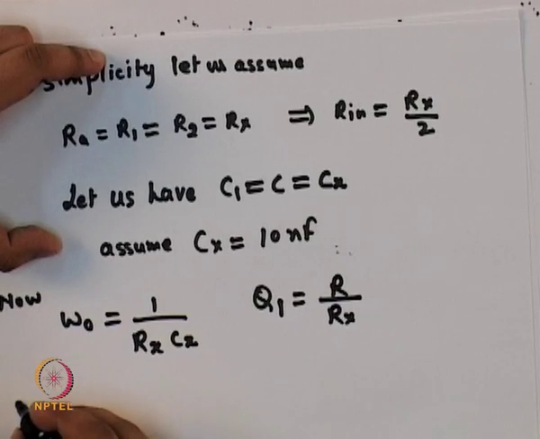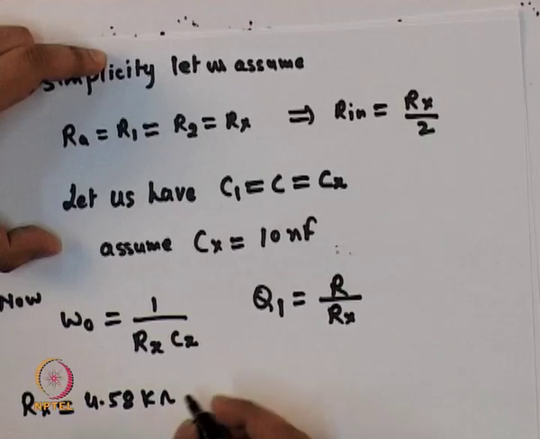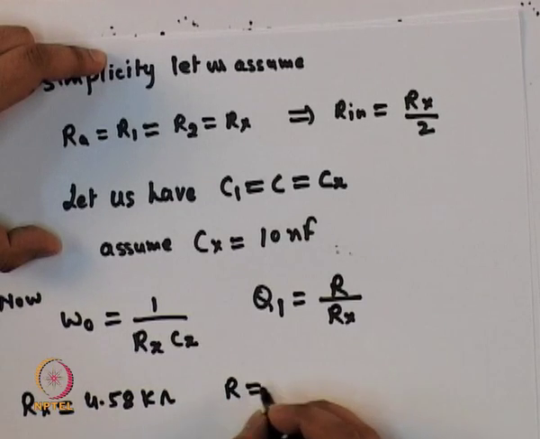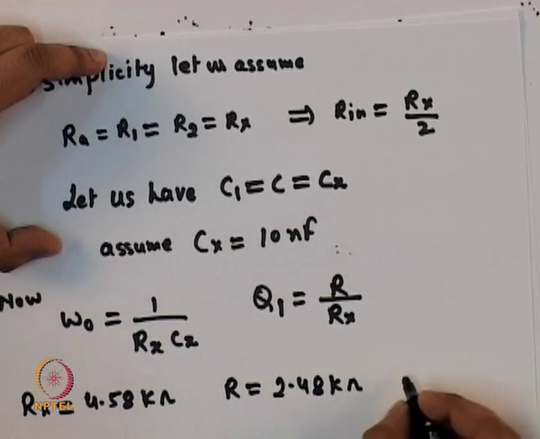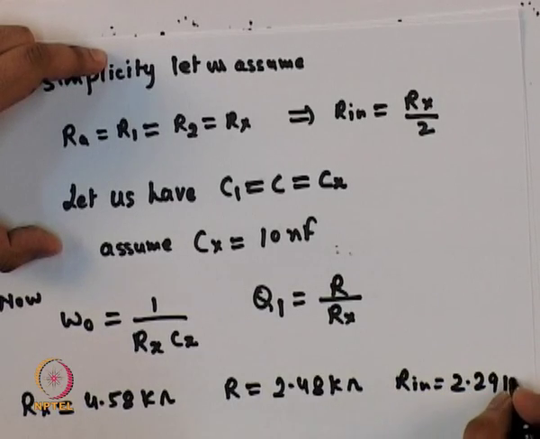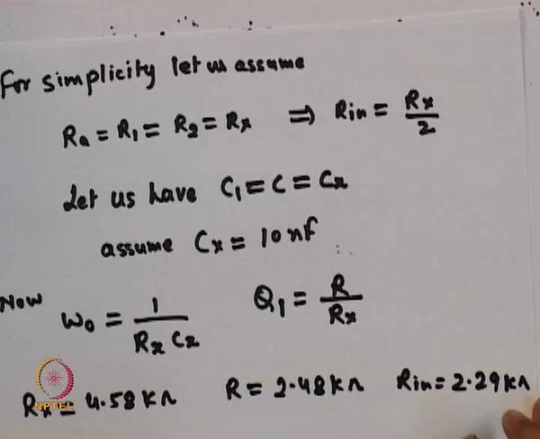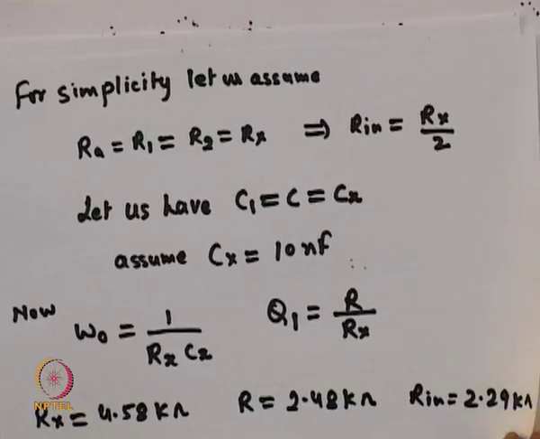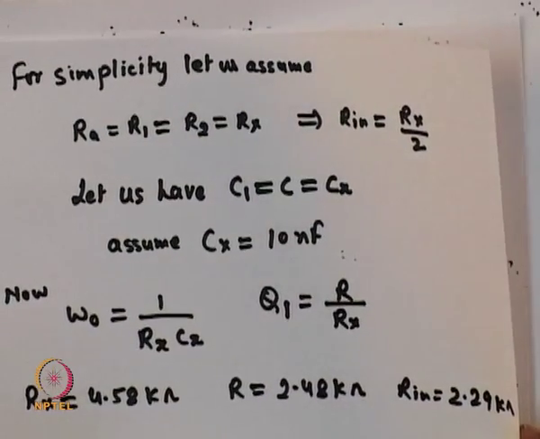So Rx would be 4.58 kilo ohms, R equal to 2.48 kilo ohms, and Rn equal to 2.29 kilo ohms. These values I have calculated and I am just putting them here. You can calculate them offline. So this is the first second order filter.